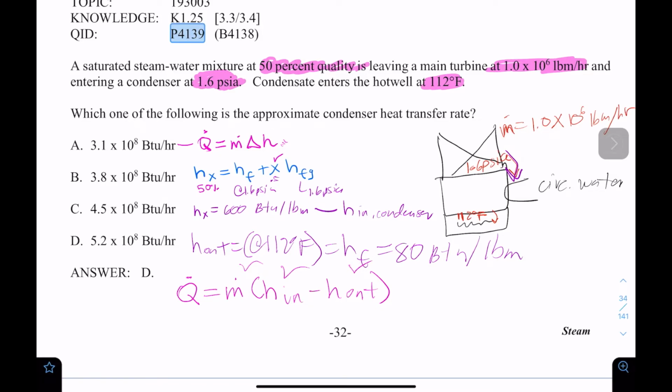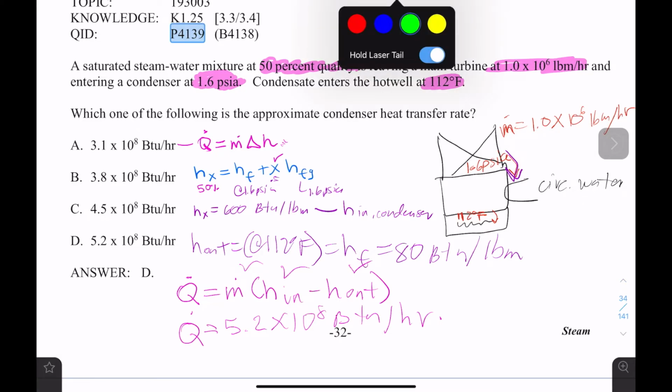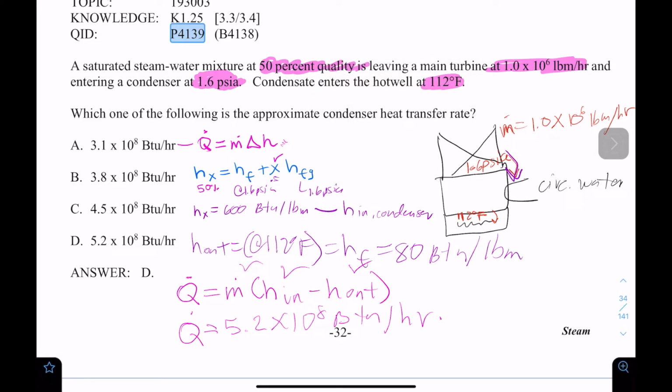So we just need to plug everything in, and we will get something around 5.2 times 10 to the 8 BTU per hour. But that's basically how we get each one of them, and sometimes it gets a little bit confusing, but this is what's coming in, this is what's coming out. And in this step, since we're given the 50% quality, we just initially need to use this formula first, okay?